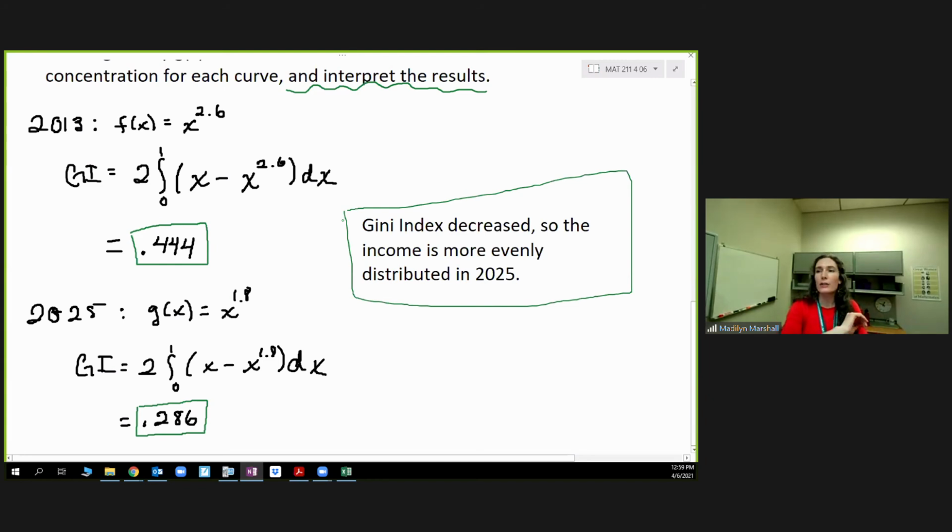So if you're asked to interpret the results or maybe compare when it was more evenly distributed, a smaller Gini index always means a more even distribution of income, because it has that smaller area between the curve of absolute equality and the Lorenz curve.